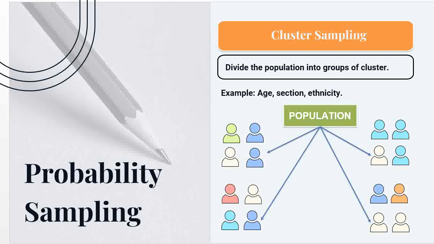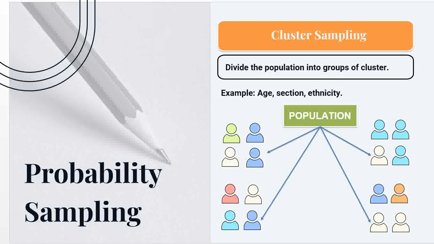Let's say the senior high school in your school is your population, right? That is what you will study because you are studying the effects of TikTok on their academic performance. Now, to do cluster sampling, you divide the 200 senior high school students, maybe in terms of their strands. Let's say STEM, HUMSS, Automotive, HE, Automotive Servicing, Arts and Design, and so on.